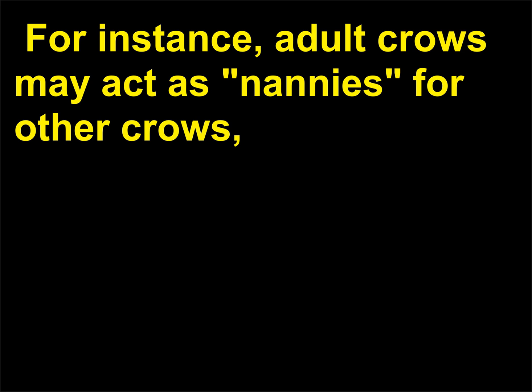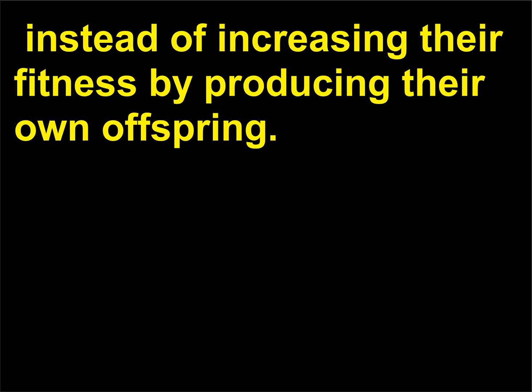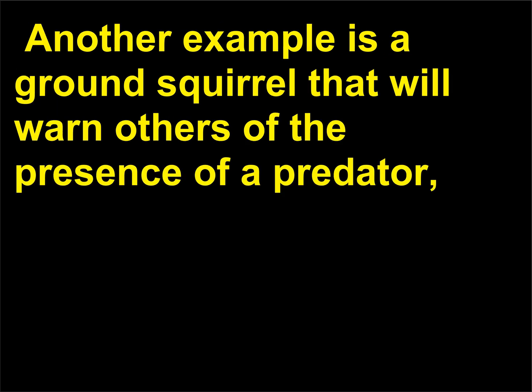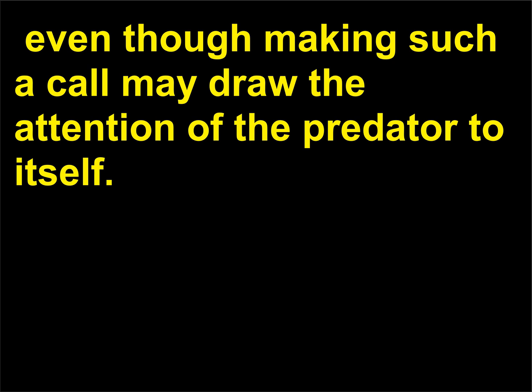For instance, adult crows may act as nannies for other crows, instead of increasing their fitness by producing their own offspring. Another example is a ground squirrel that will warn others of the presence of a predator, even though making such a call may draw the attention of the predator to itself.